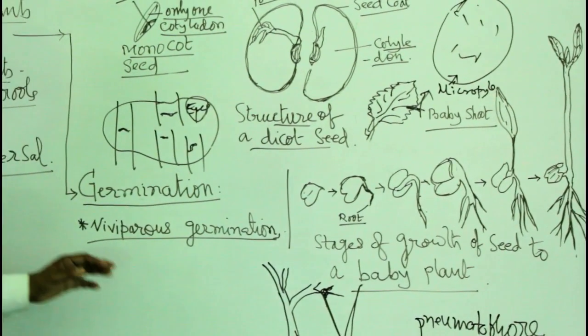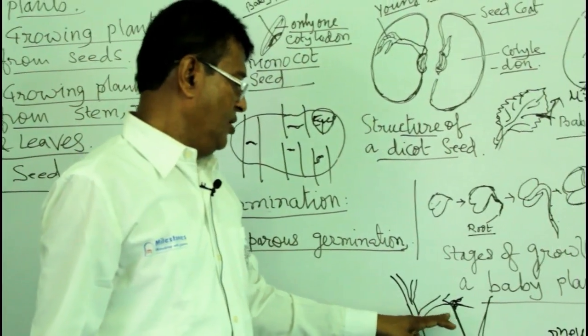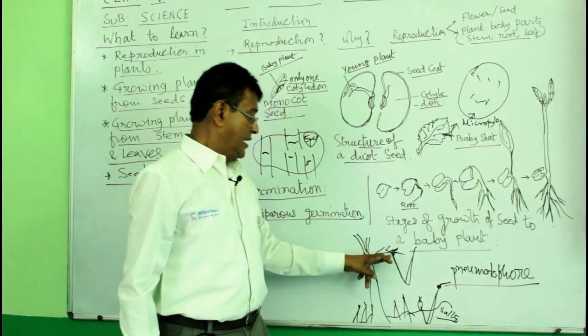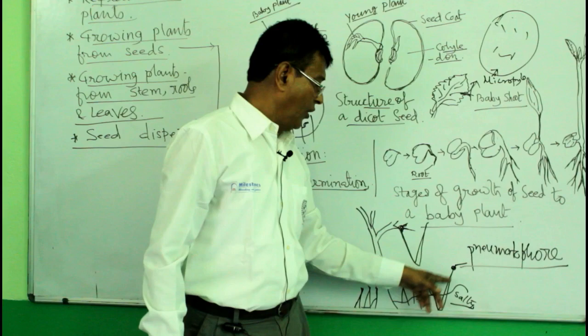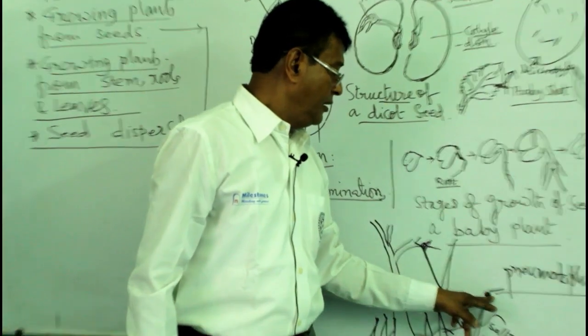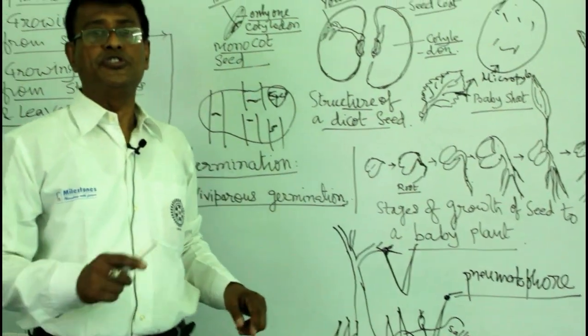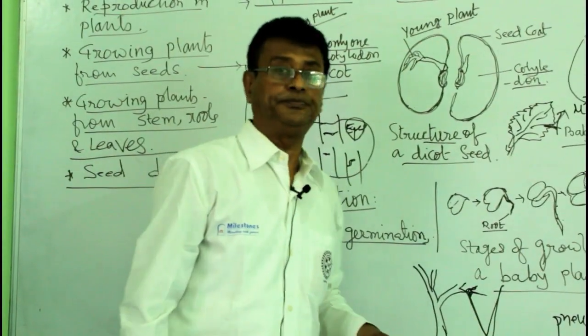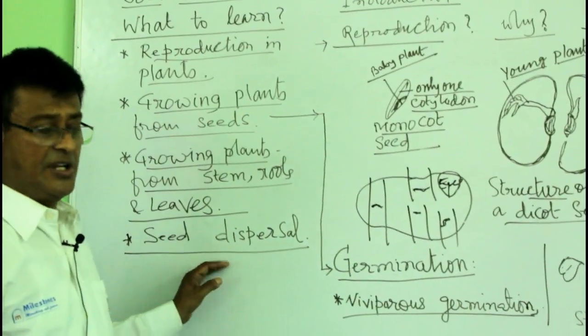Then we have the special germination, vivipary, where germination is done over the branches and then the seeds along with the roots fall, and the roots have a special structure called pneumatophore, which is known as the breathing tube.